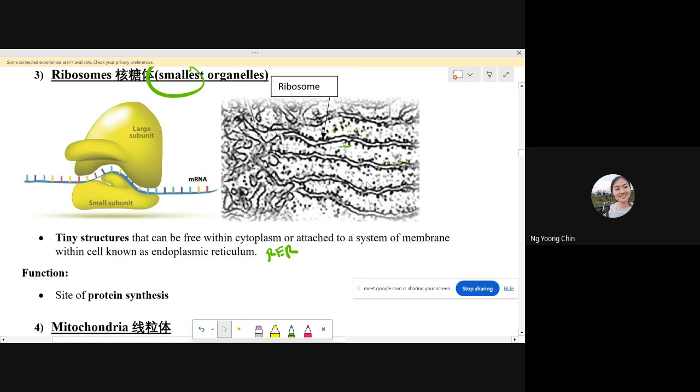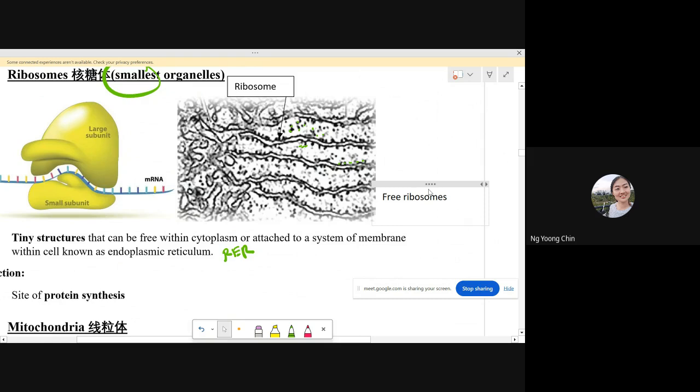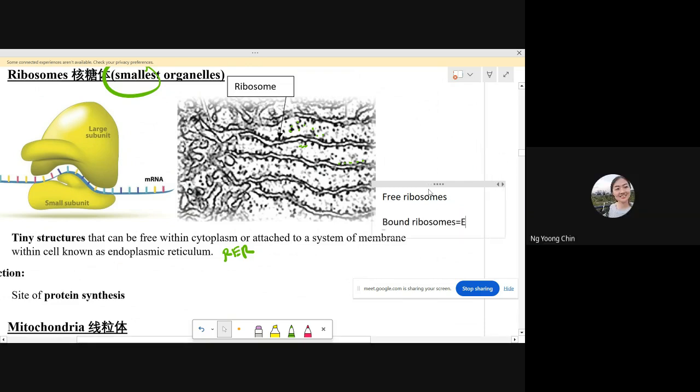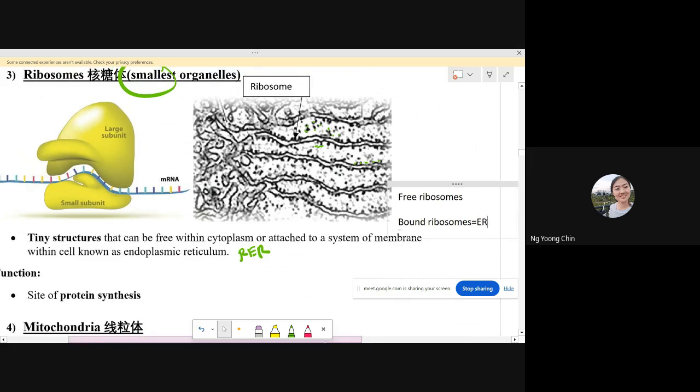The free ribosomes are scattered along the cytoplasm. And you have the bound ribosomes, which attach to the ER. Bound means they are attached to something. Are you clear?